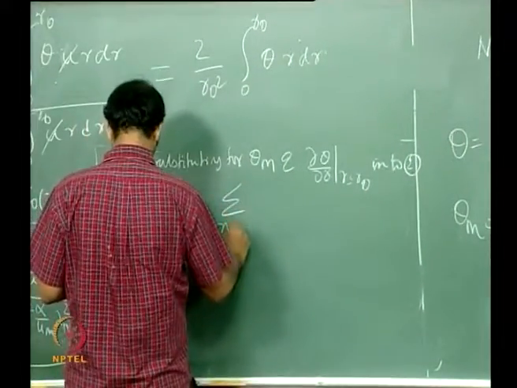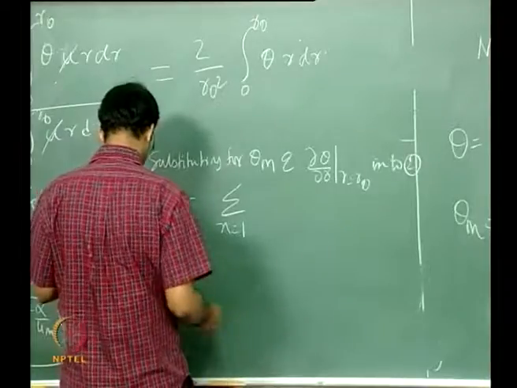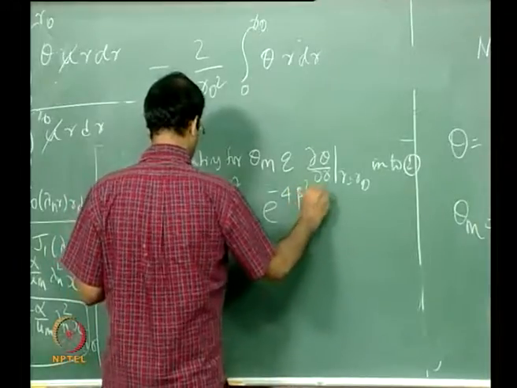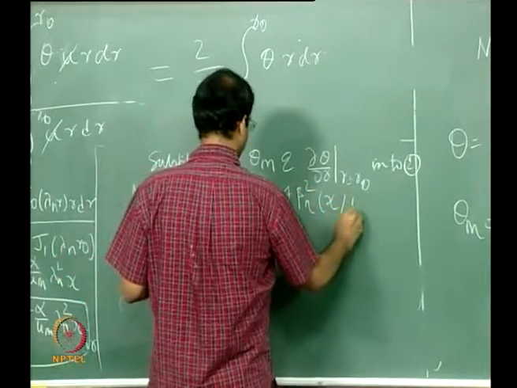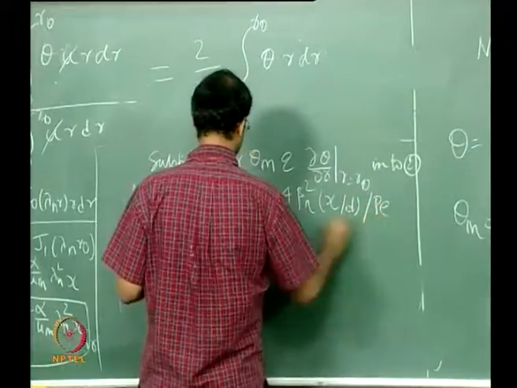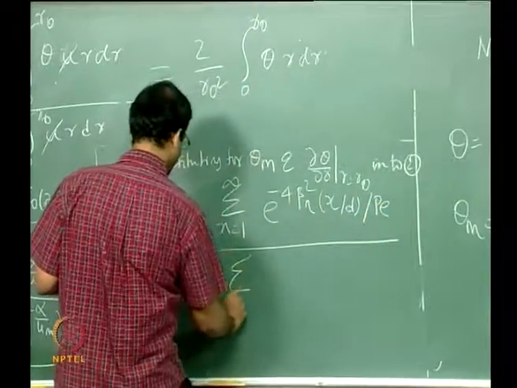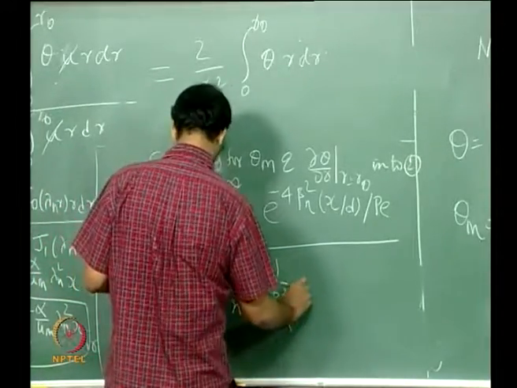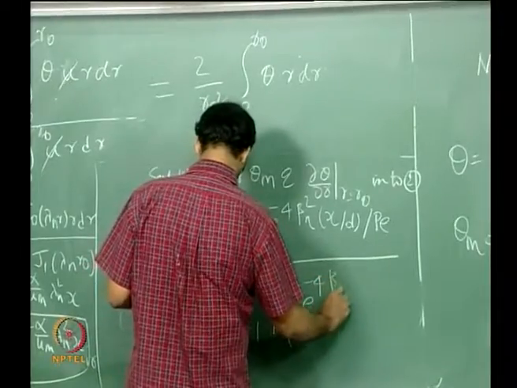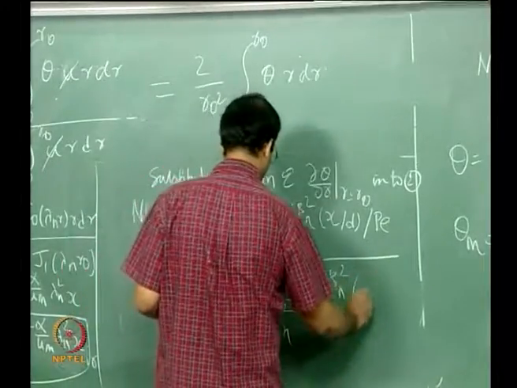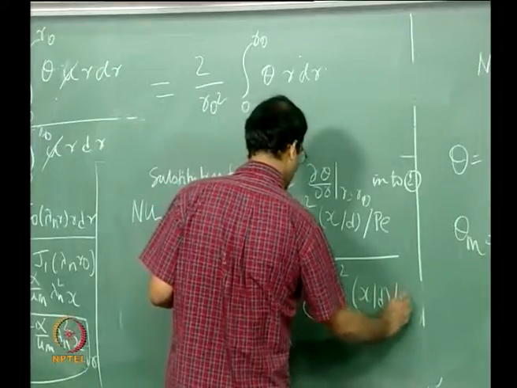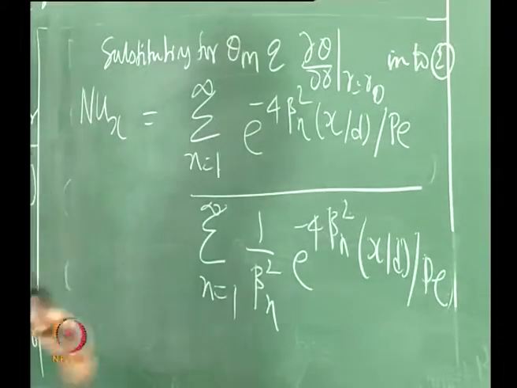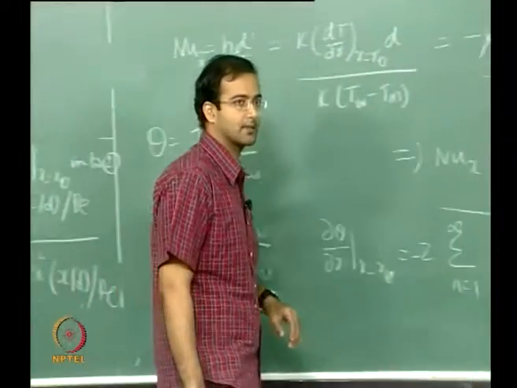The final expression, if you cancel off some common terms, which is straightforward, you will get minus 4 beta n square into x by the Peclet number divided by summation n equal to 1 to infinity of beta n square e power minus 4 beta n square into x by the Peclet number. Okay, this is the final expression for Nusselt number as a function of x.